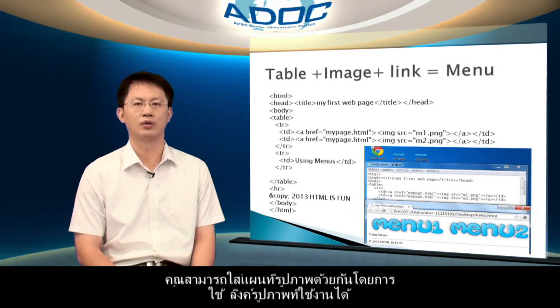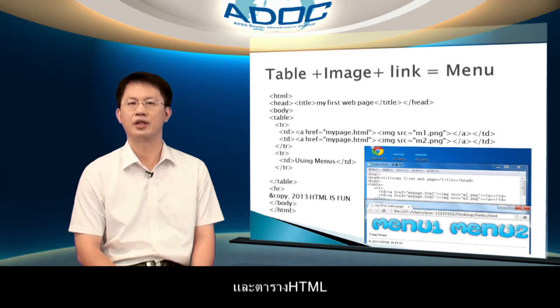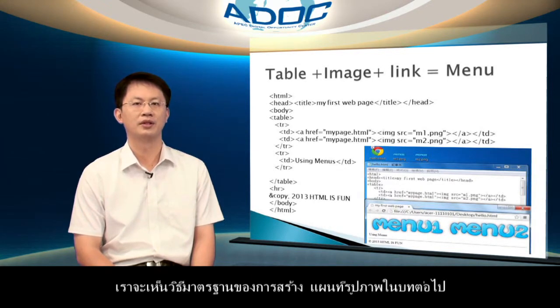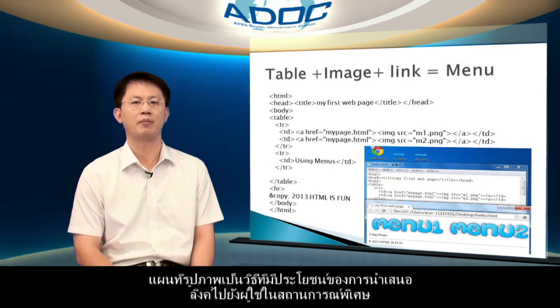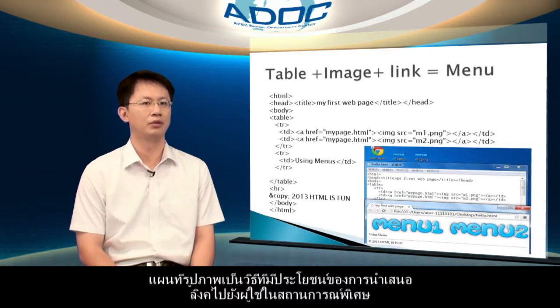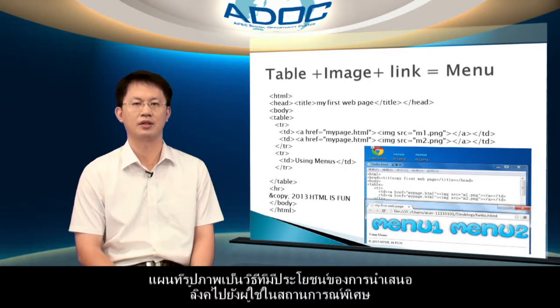You can also put together image maps using link-enabled images and HTML tables. We will see the standard ways of creating image maps in the next chapter. An image map can be a useful way of presenting links to the users in special situations.